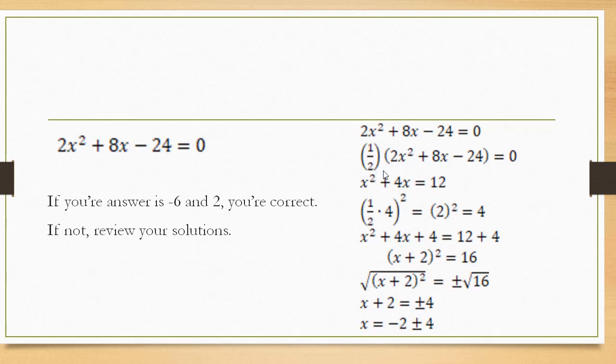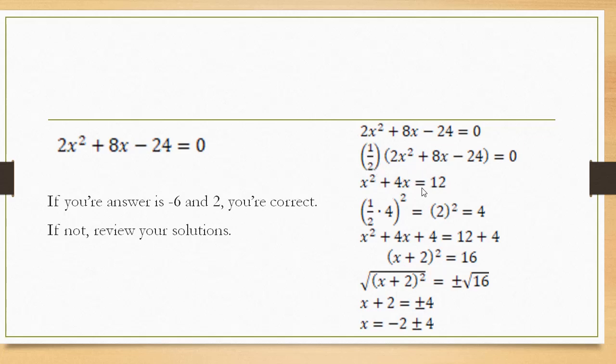So, 1/2 times 2x squared plus 8x minus 24. 2 divided by 2 is 1, so x squared remains. 8x divided by 2 is 4x. And then negative 24 divided by 2 is negative 12.